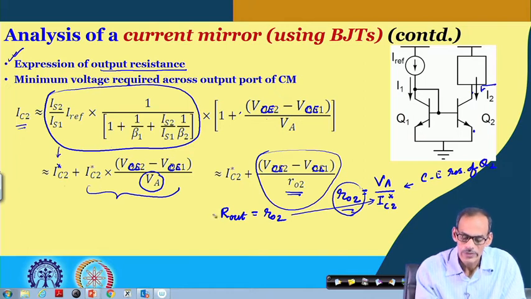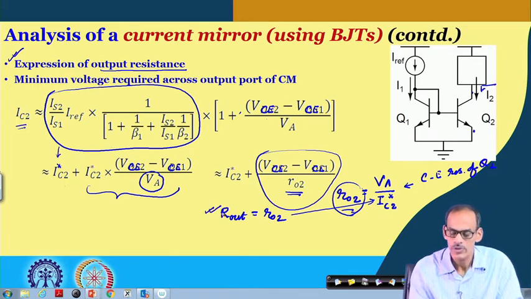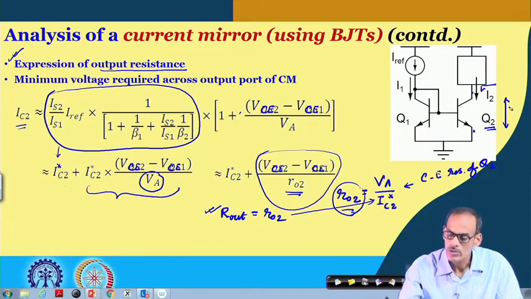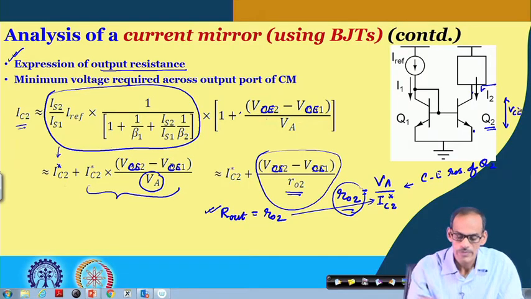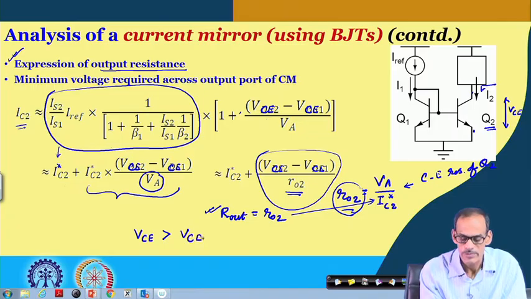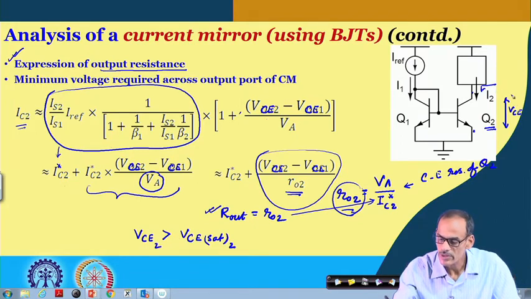Now, we can get a high value of this output resistance, which we are looking for, only if we assume that the transistor is in the active region of operation. And to get that, we require a minimum voltage across this transistor, that is the VCE. So, the VCE minimum we require should be higher than VCE set. That is the voltage across this element, we call it maybe V2.